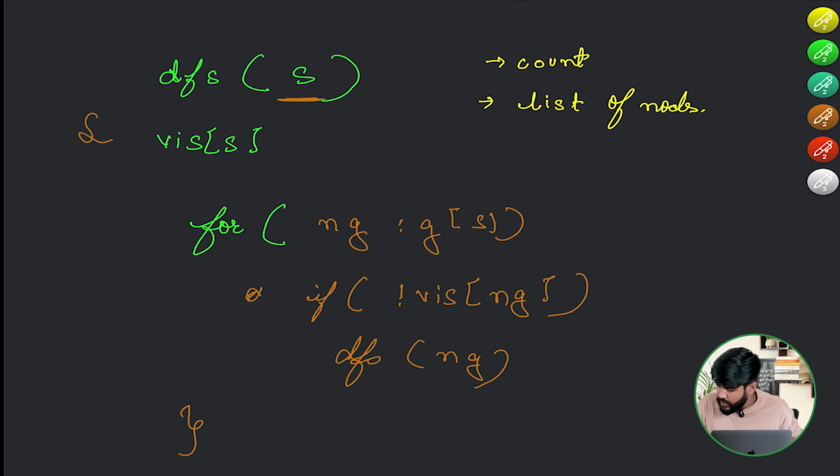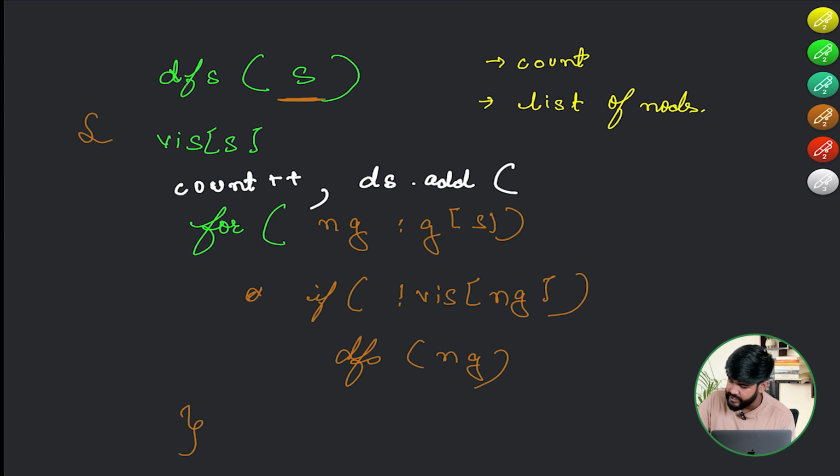So here only I can just add that count plus plus, because every node would come inside this DFS function exactly once, and the list of the nodes also. The list of the nodes we would just keep inside a data structure. So any data structure, just dot add, I'm writing it for simplicity so everyone can understand, just add this new value, that is S.